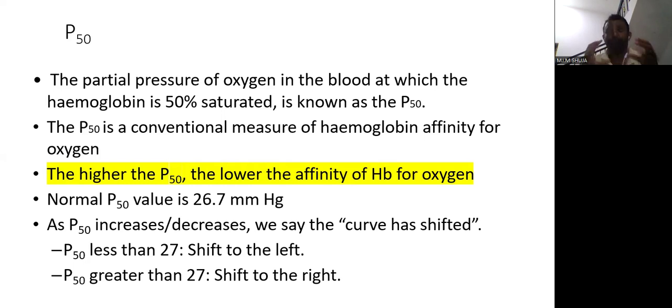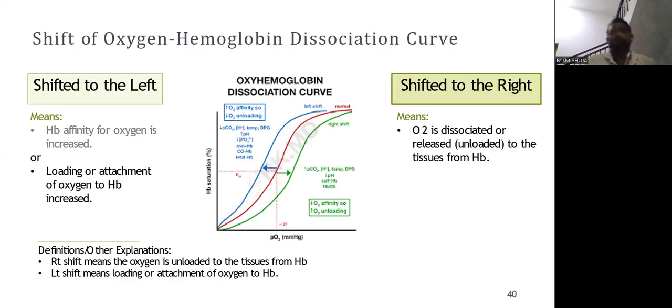You have to work on what I said in the last 5 or 6 sentences. If you can work it out, if you can understand, you understand the oxygen dissociation curve. Then the exam question is going to be just a walk in the park. So just go through this. This is your normal curve. This is your left shift. What is left shift?